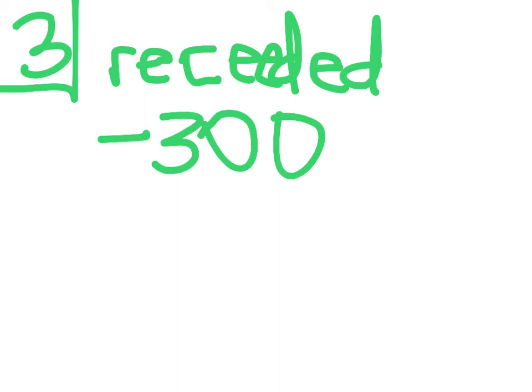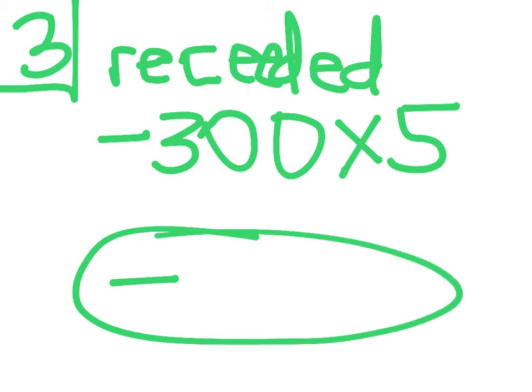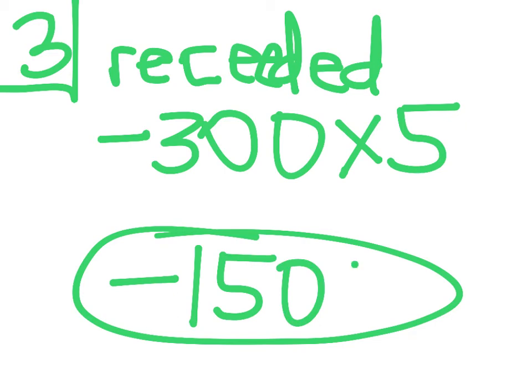And then what was the glacier's movement in 5 days? So we've got -300 since it's receding, it's going backwards. And then we're going to times that by 5 days. So again, we've got a negative times a positive. That's a negative answer. And then we've got 300 times 5, which I know is 1,500. So negative 1,500 feet is the amount of movement in 5 days.